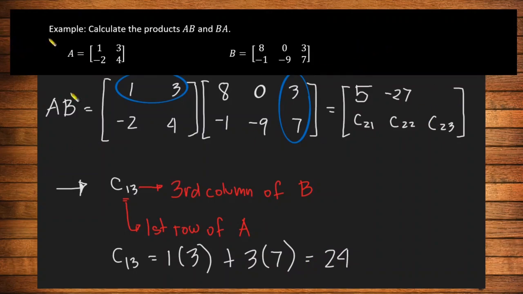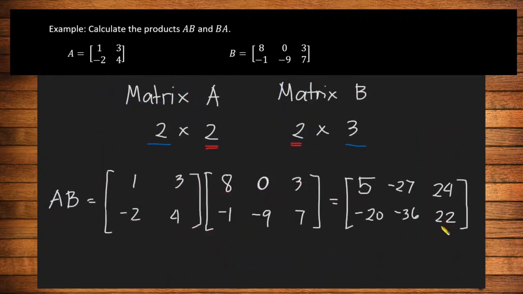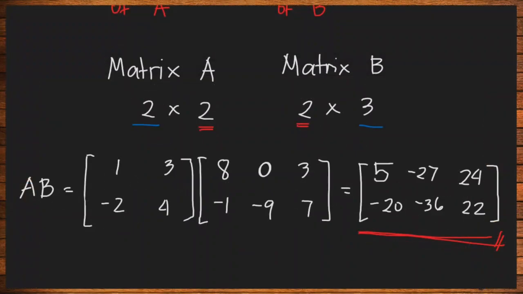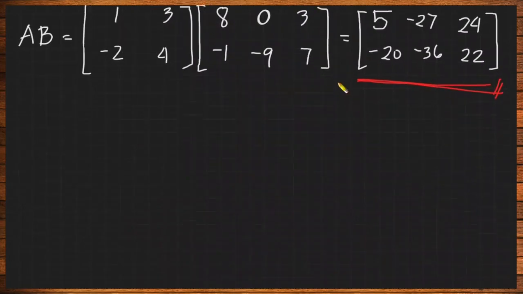So we will just repeat the same process for all the elements of our product matrix. And if you did everything correctly, you should obtain the same product matrix. And that's how you multiply matrices.